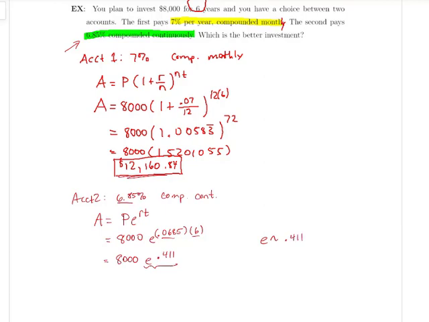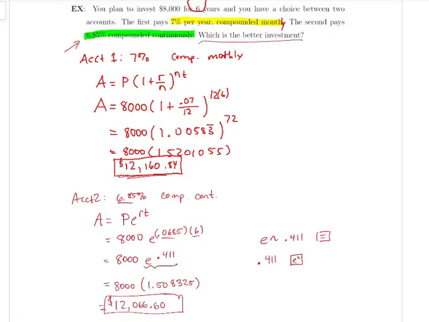Some older standard calculators, you might have to type 0.411 and then hit the e to the x button after that. Either way, I get 1.508325, which I will then multiply times 8,000. 8,000 times 1.508325 is $12,066.60. So that's what we get for account 2.